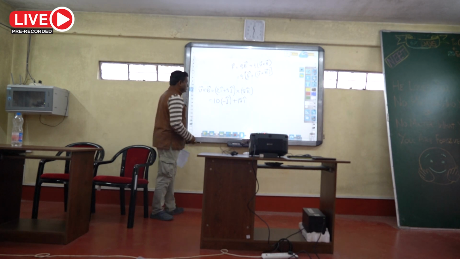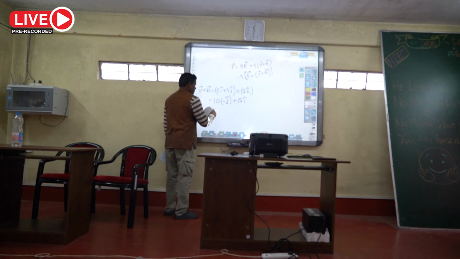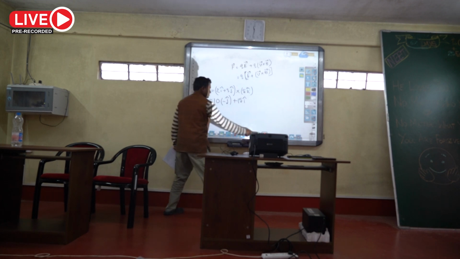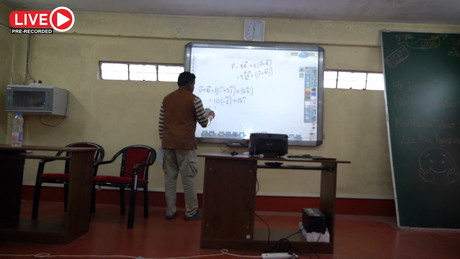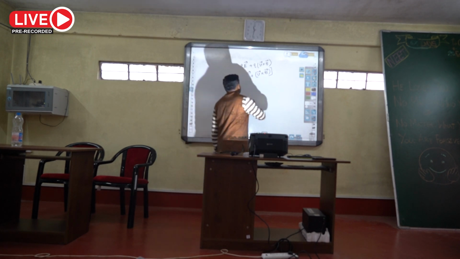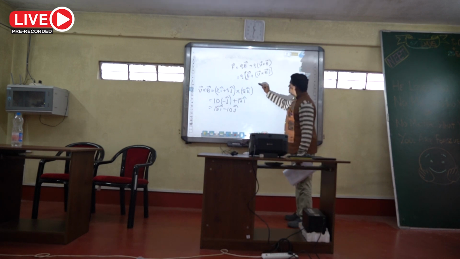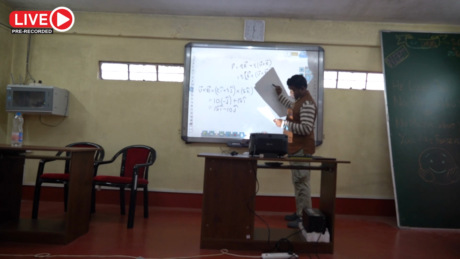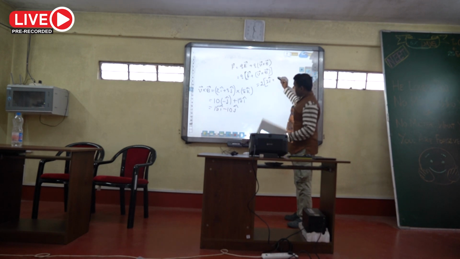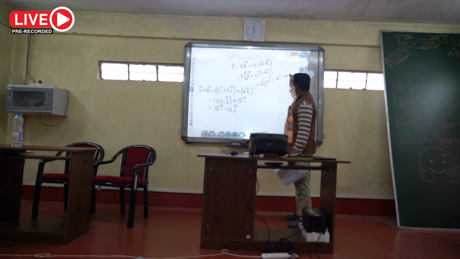So it will be 15 i minus 10 j. So Q is already given 2 coulomb, E is 2 j plus this one, 15 i minus 10 j.